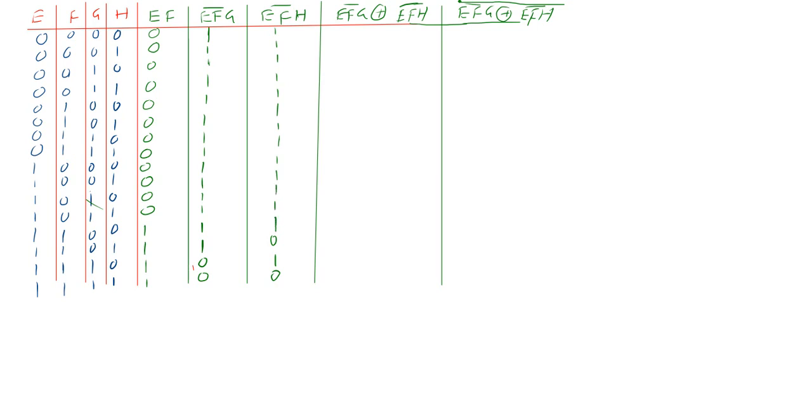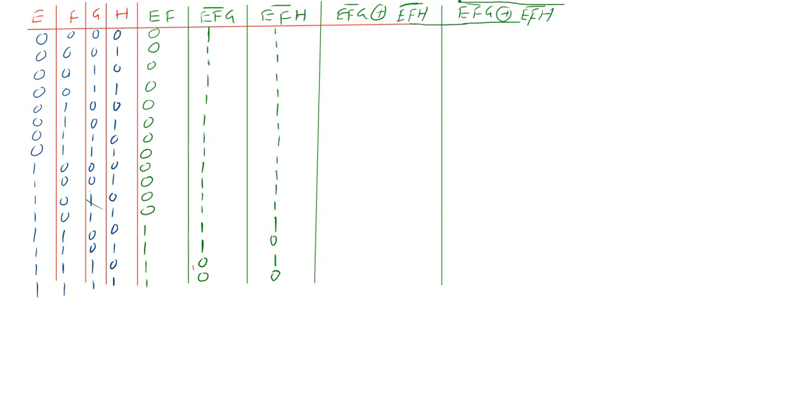Then we have 14, 15, 16. That is correct. Let's go to the third one, the other column, this one, where we are doing the XOR operation.